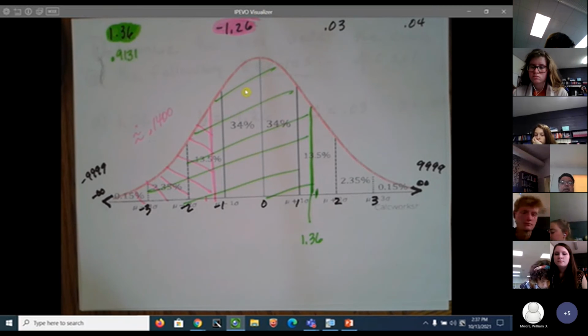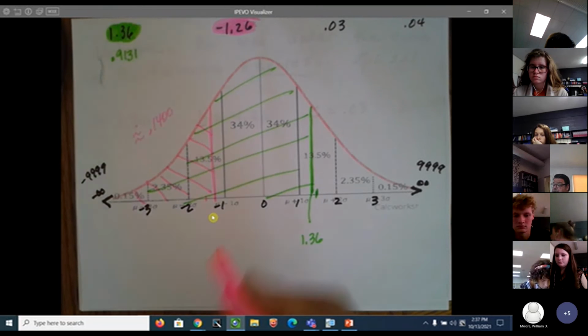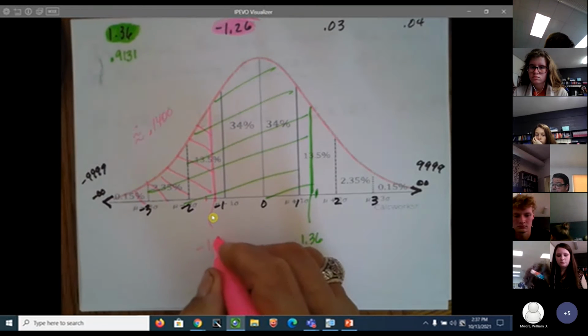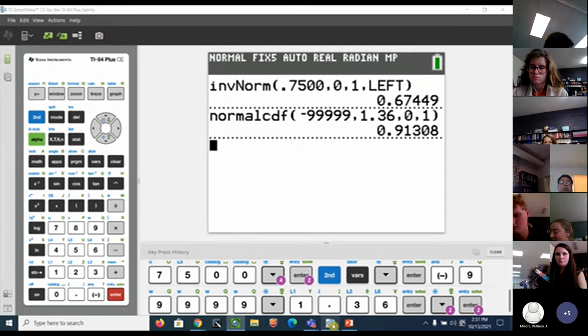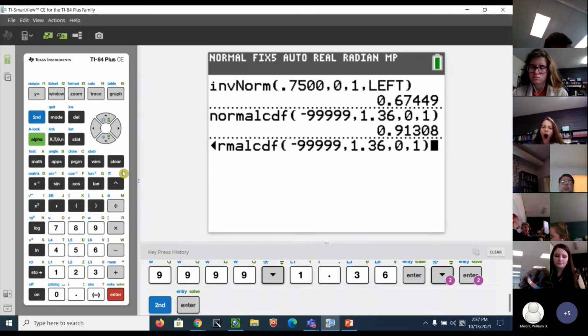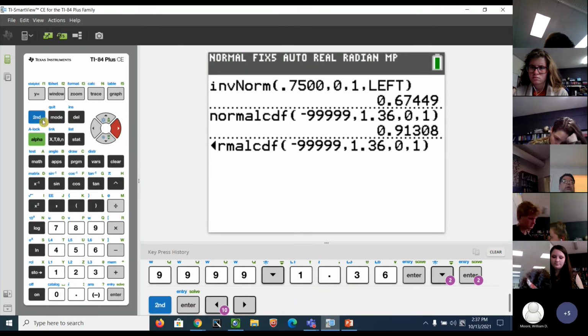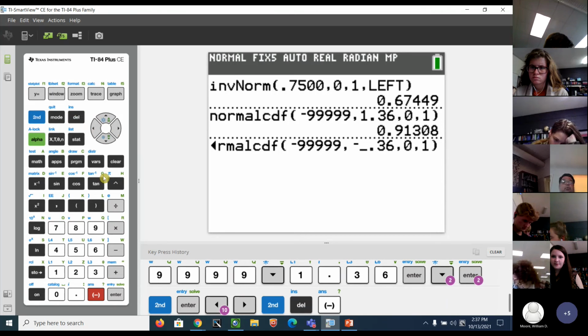So let's go ahead and type it in. It's going to be negative 1.26. Type it in the handy dandy calculator. Second, enter. And I'm going to change this to negative, put an insert, second insert, negative 1.26.